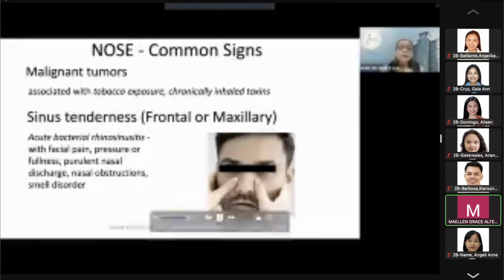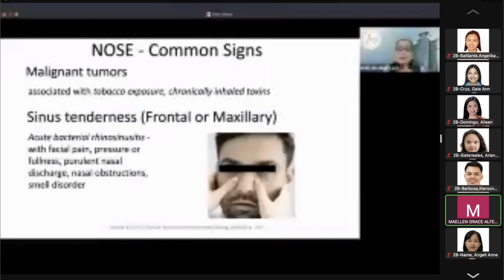Now, what other signs can you note? We can do testing for sinus tenderness. So here in this picture, you see somebody eliciting tenderness of the maxillary sinus. So if you put your hand towards the frontal, so that would be above the eyelids here, then you are checking for the frontal sinus.